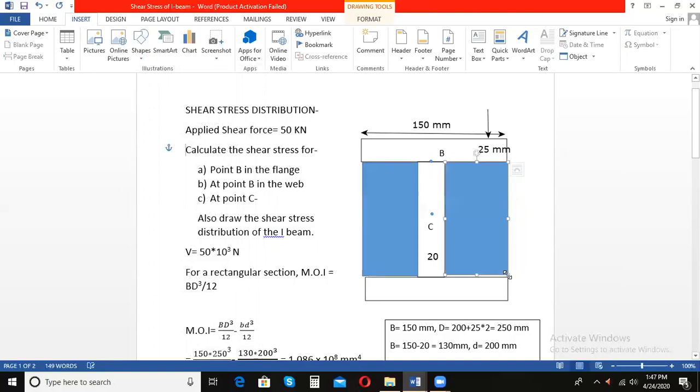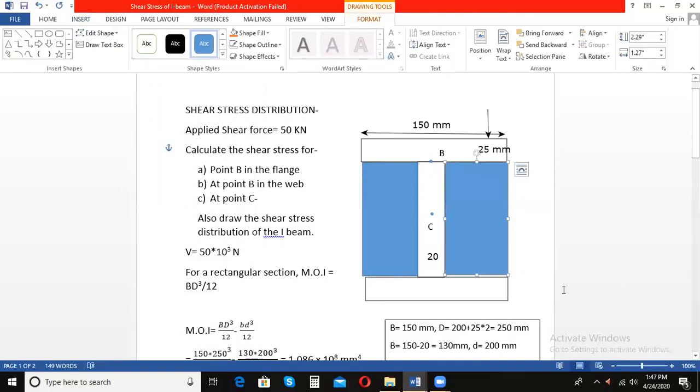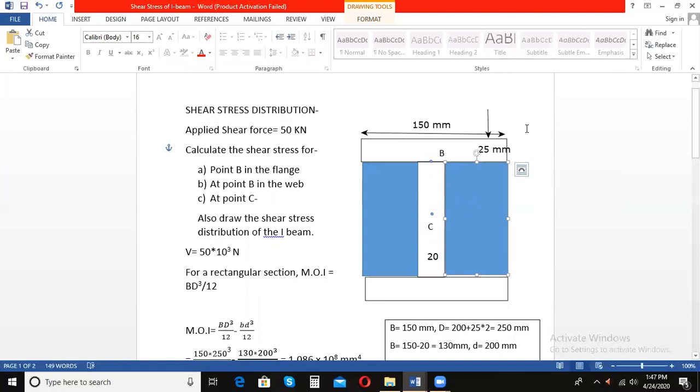You have to find out the total width of these two rectangles. How much is that going to be? You have the total width of the flanges, 150. If you subtract the thickness of the web, you get 150 minus 20, which is equal to 130.